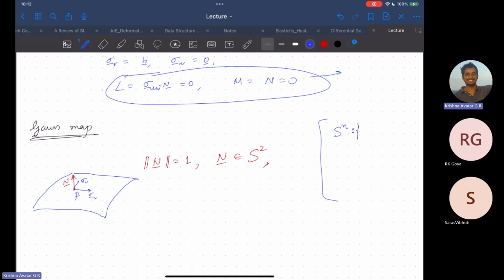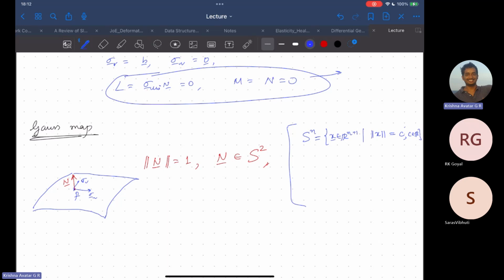It is a collection of points X vector, an element of R^(n+1), such that the norm of X is some constant C, where C is an element of the reals, a scalar.